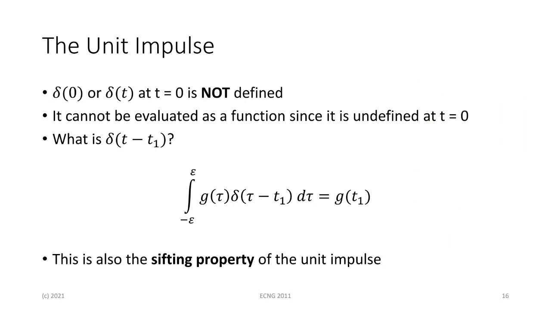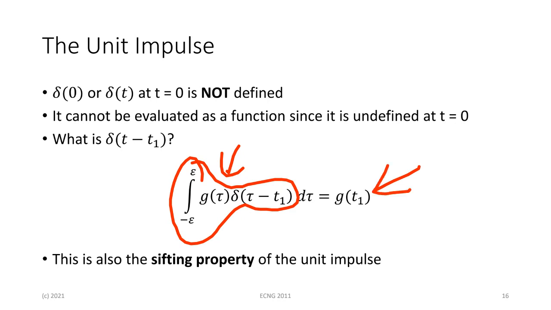And the other part of it is that you take any signal whatsoever, and you multiply it by the impulse. Remember, the impulse is the integral and the delta part. So if you take a function and you multiply it by the impulse function, it picks out the value of the function at t equal to t1.